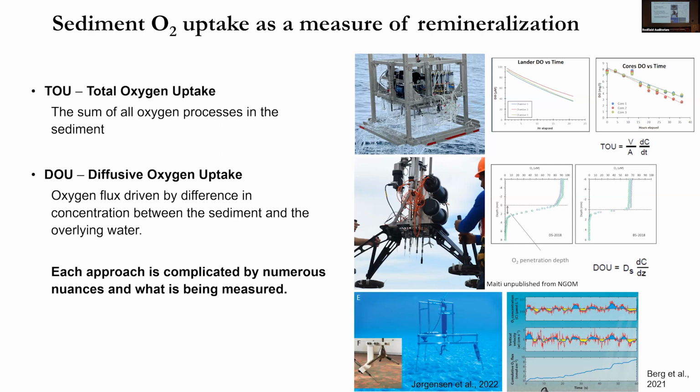People often debate about the lander being better at giving us a more pristine, less disturbed measurement, but nuances are still there. For example, what is the stirring rate inside the system? Because if you change the rate of mixing of water inside the system, you change the entire dynamics. And if it doesn't match the outside current regime, they can give you very different flux rates, and that may not be comparable with reality.